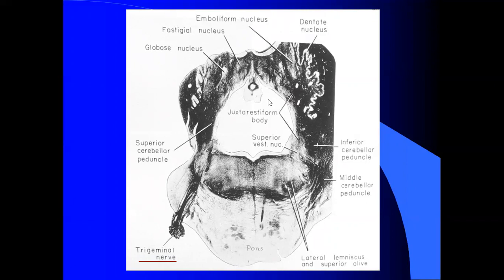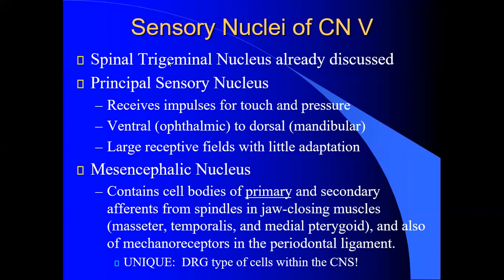You may remember that was a reciprocal pathway between the vestibular cerebellum and the vestibular nucleus. All right, a little bit of the inferior cerebellar peduncle. Okay, and you can see where the middle cerebellar peduncle begins, and the 5th nerve is really running through that. The sensory nuclei of cranial nerve 5, there are 3 of them.